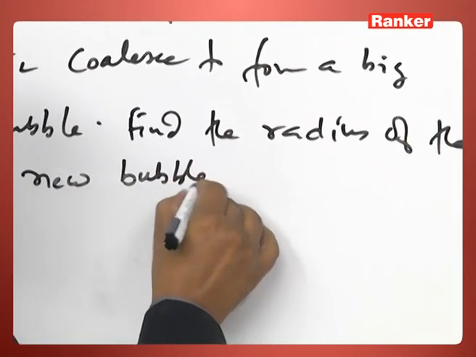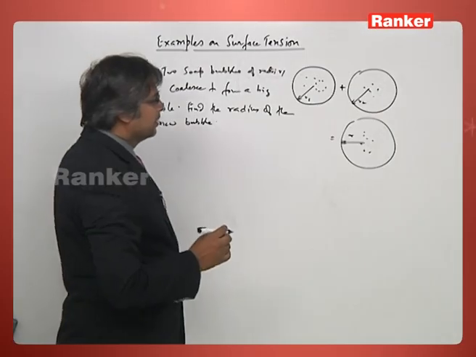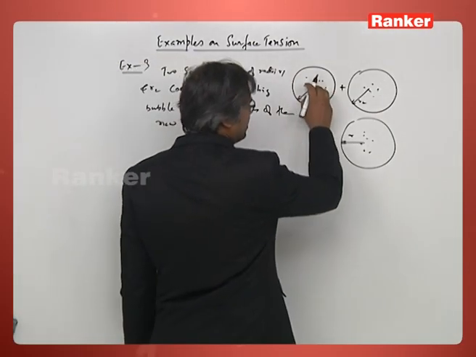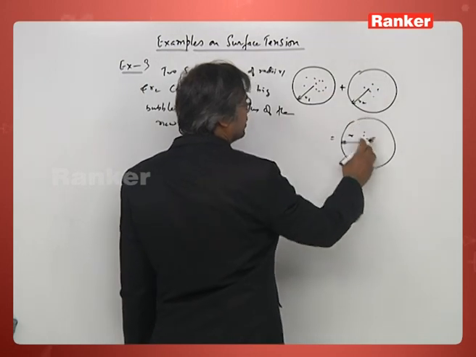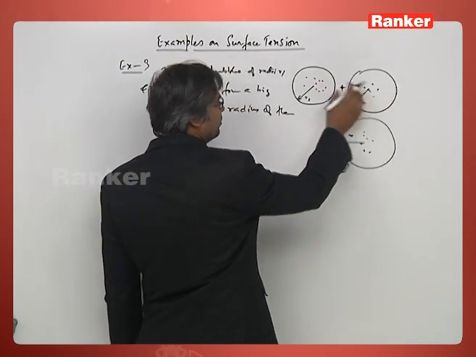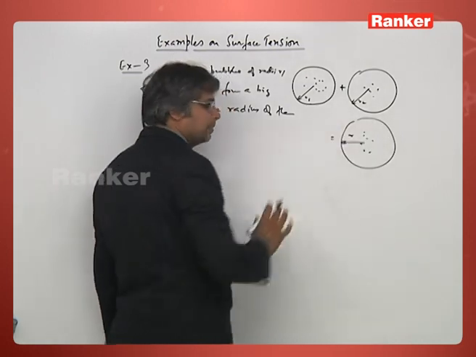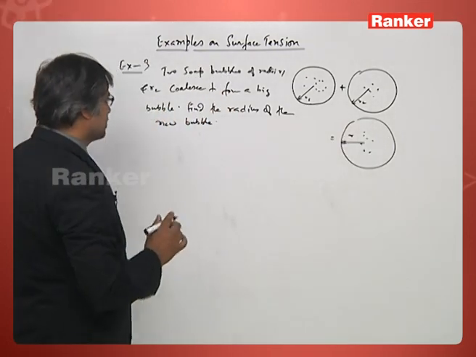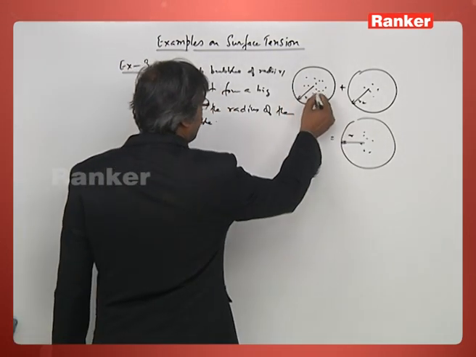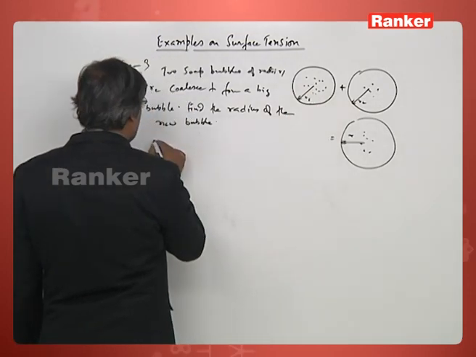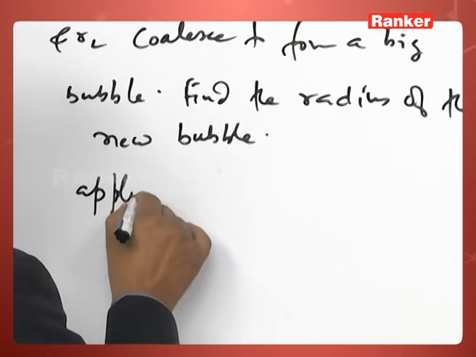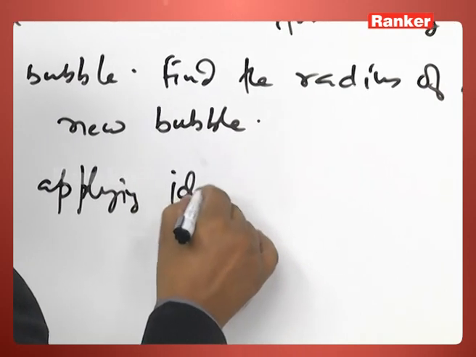So here we should keep in mind that whatever the gas is here, the total gas present, the M1 mass, M2 mass must be the same. So suppose here the pressure is P1, so applying ideal gas law.